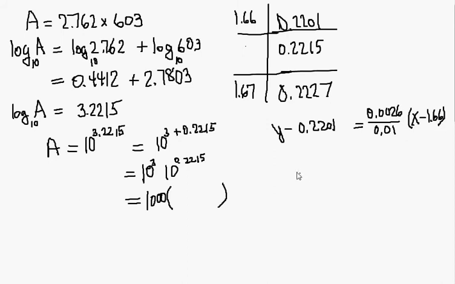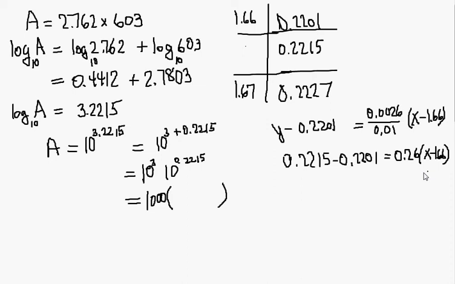And so we get that the value of y is 0.2215, and over here 0.0026 divided by 0.01 is 0.26 times x minus 1.66.